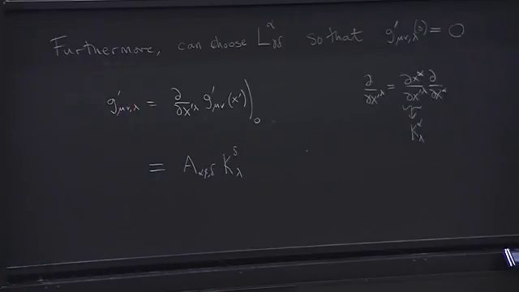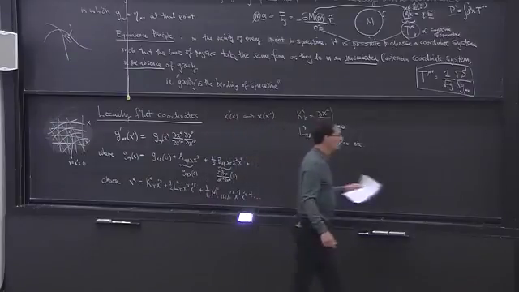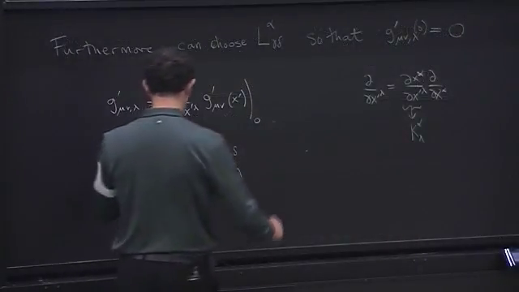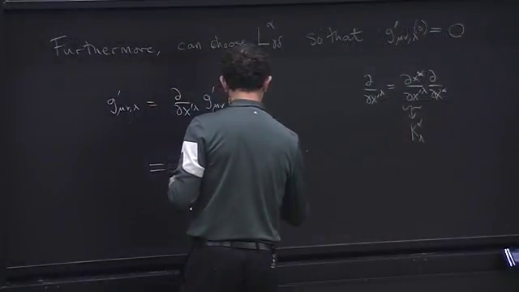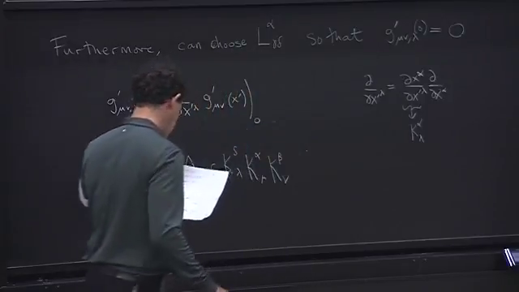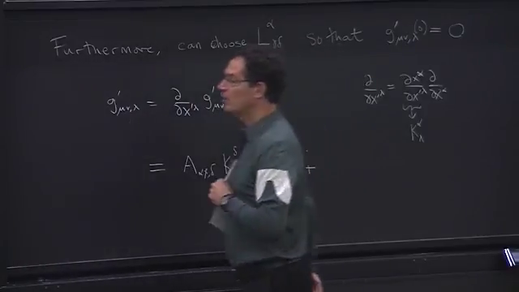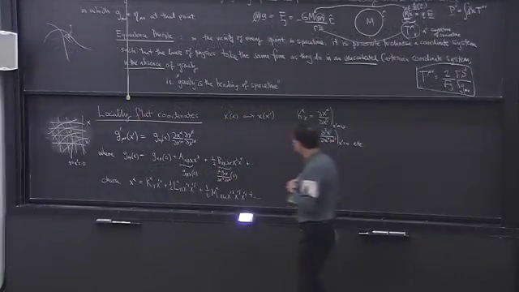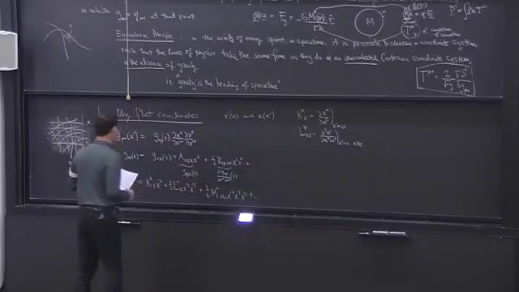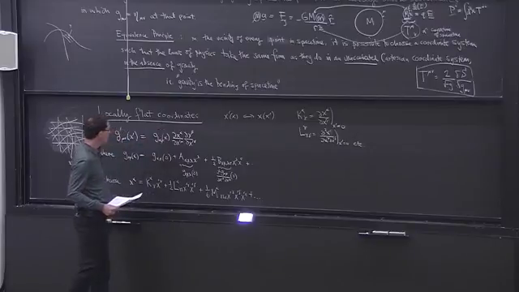You also get k's coming from these two, so you get k alpha mu, k beta nu. So that was taking the first derivative to act on this quantity.